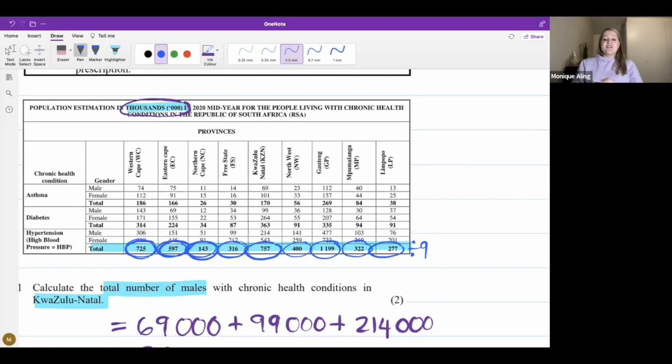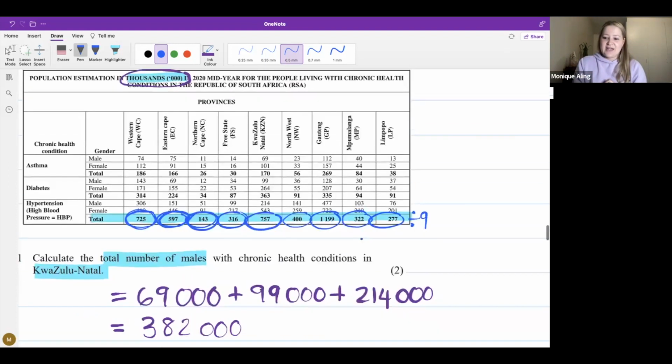So I think it was just confusing to see what numbers you were maybe using, Emily. Okay, so it was hypertension for South Africa. So I had to take the total. So I took the total of male and female for each province. Okay, and then I just worked out the average. Does that make more sense? Yes, and also the probability question. Okay.